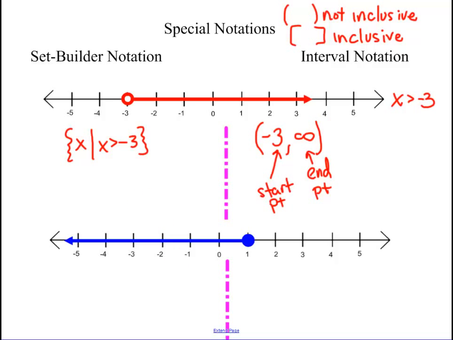Okay, this next example: x's are less than or equal to +1. So again, our set builder notation is easy: x such that x is less than or equal to 1. Now, interval notation. I think about it as a start point, or the smallest value.